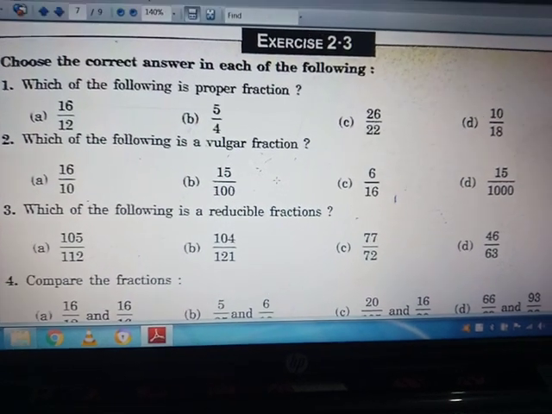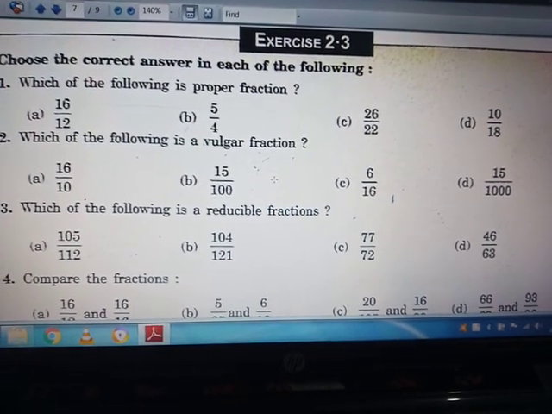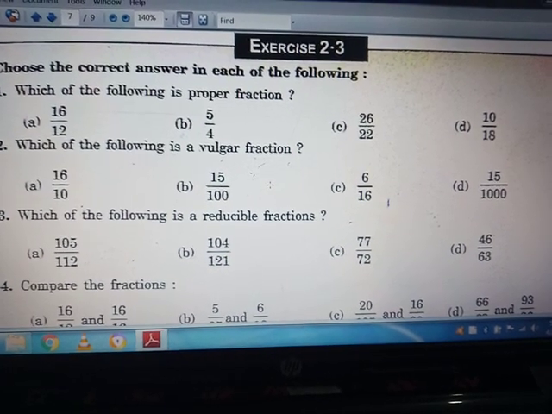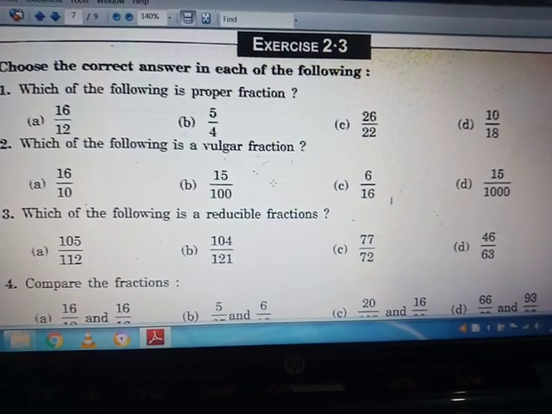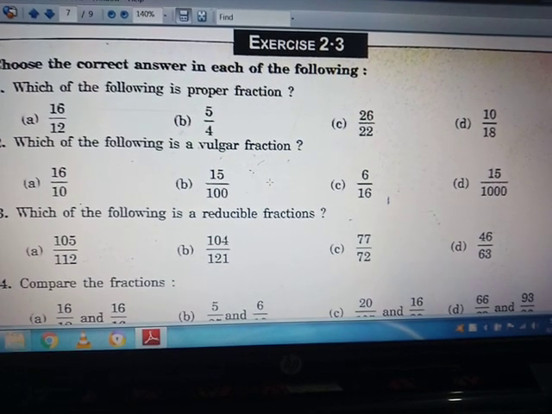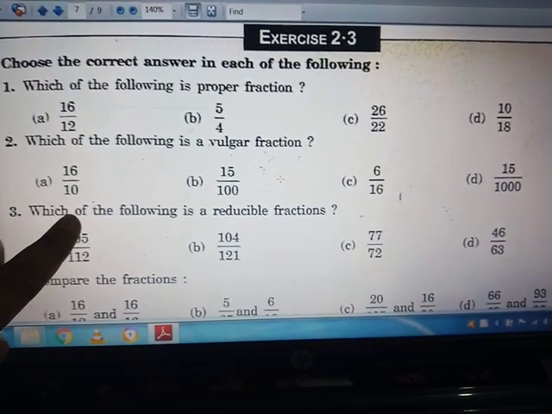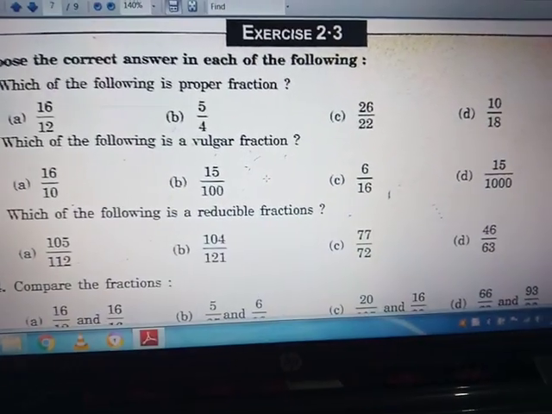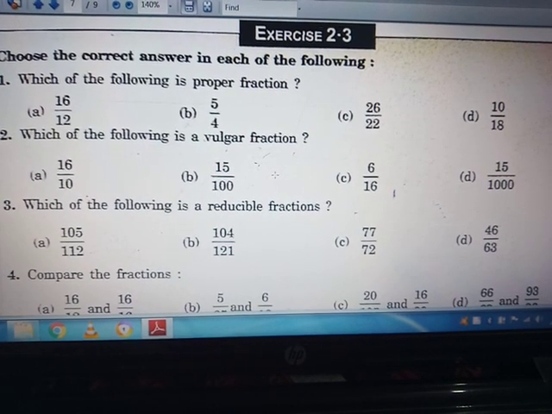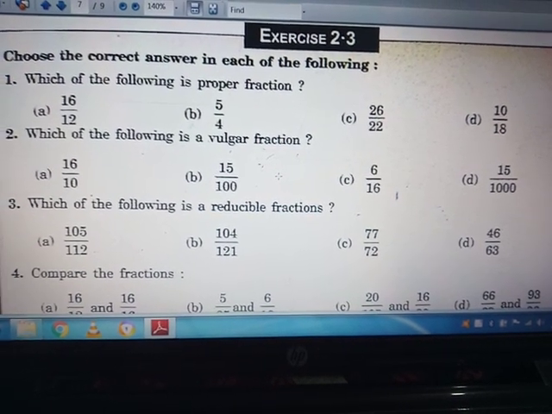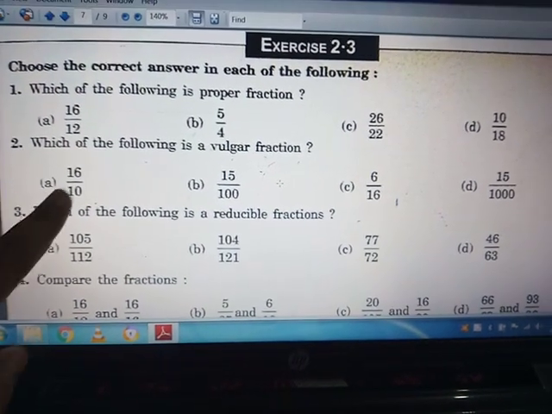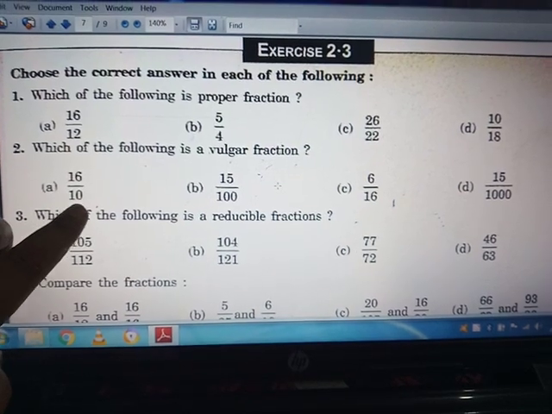Vulgar fractions are those fractions whose denominator is 10, 100, 1000, 10,000, lakhs. That means no other value after these places. That means multiples of 10, having 1 and 0.